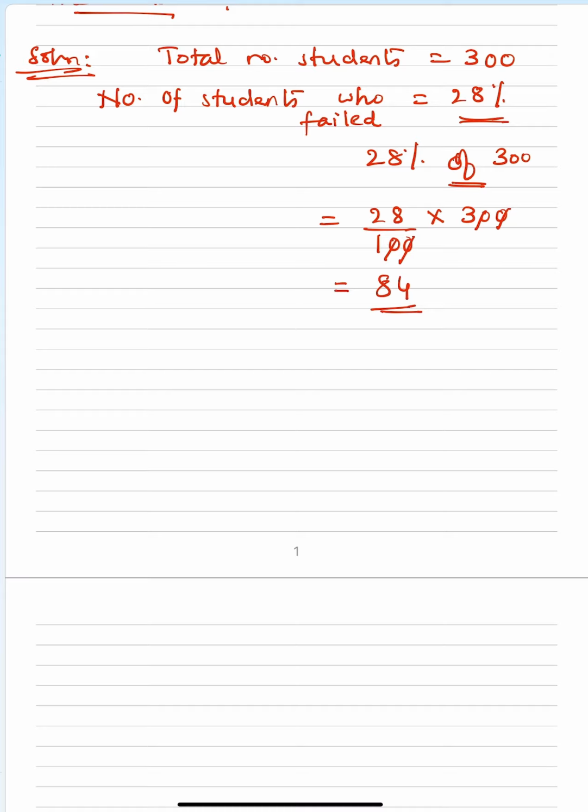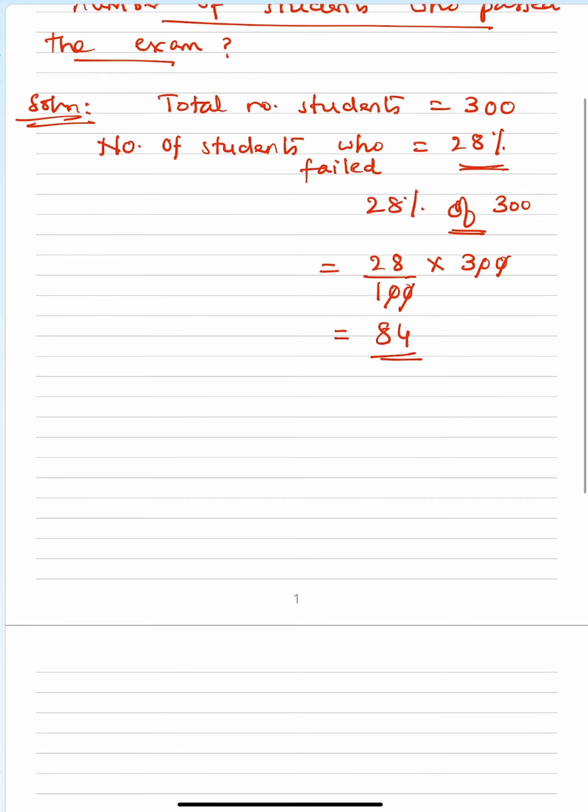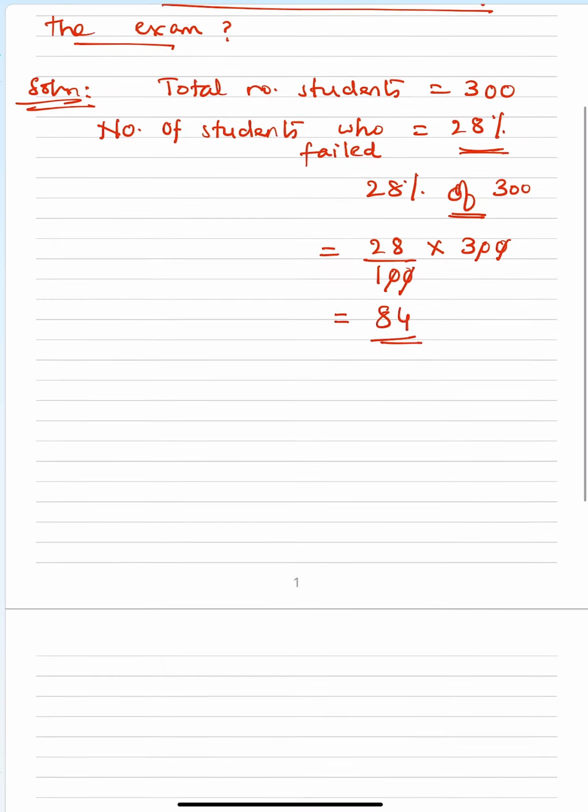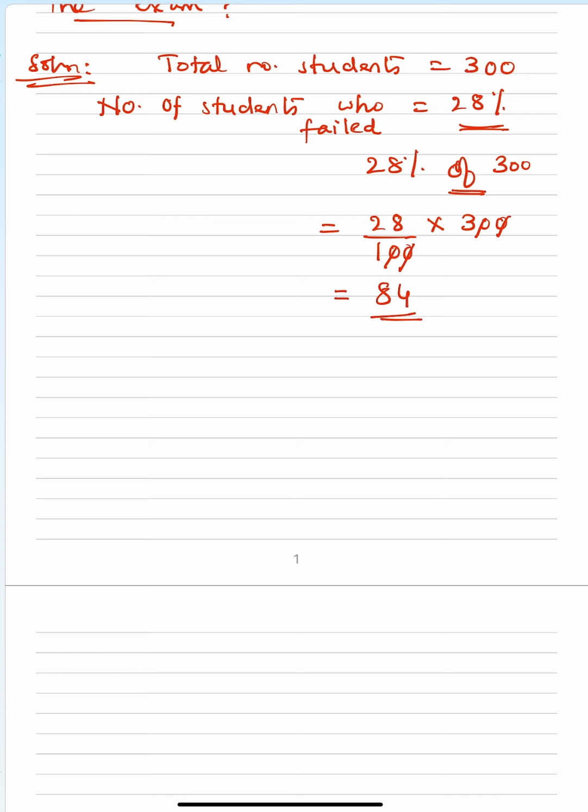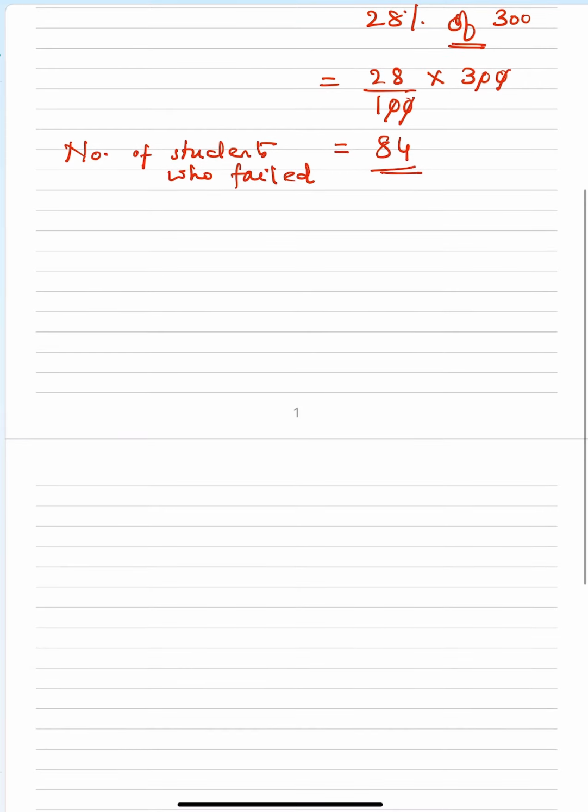So we have to calculate the number of students who passed the exam, because the percentage of failure was given to us, and the total number of students we got, number of students who failed also we got. Correct? So now we can find the number of students who passed, by subtracting 84 from the total number of students.